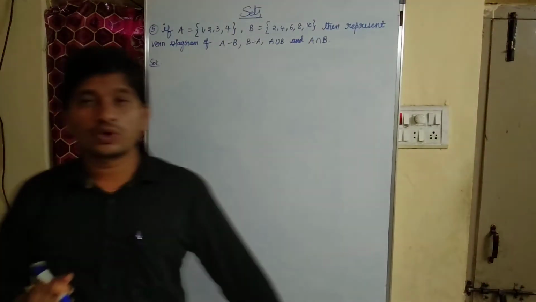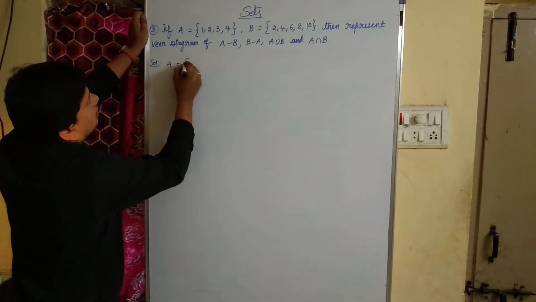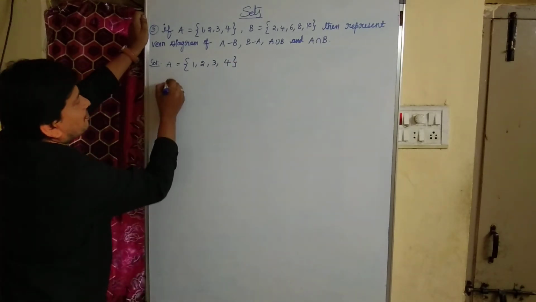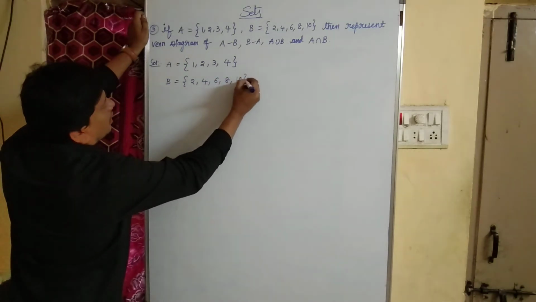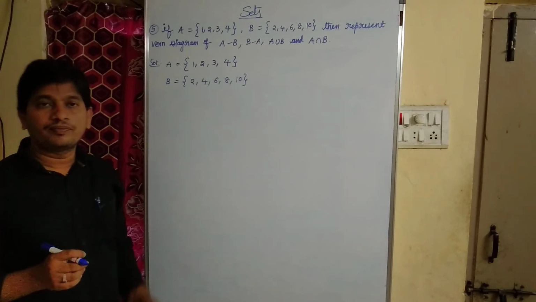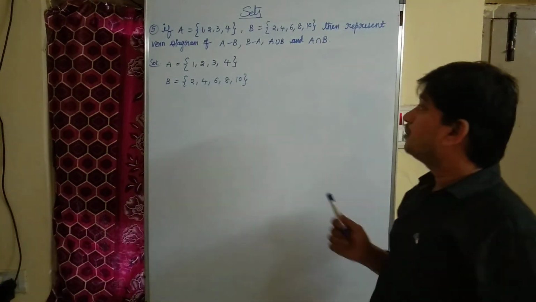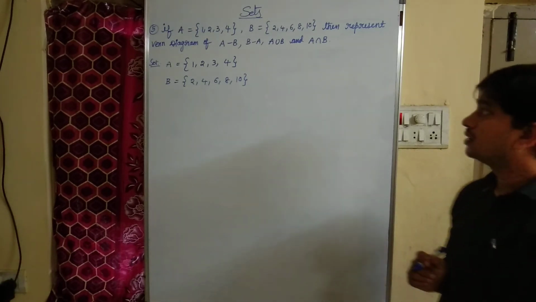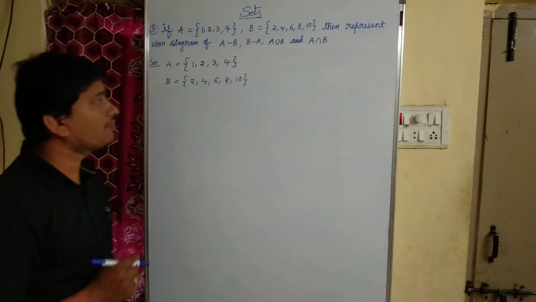Now coming to the fifth question. If A equals 1, 2, 3, 4 and set B equals 2, 4, 6, 8, 10, then represent the Venn diagram of A minus B, B minus A, A union B and A intersection B. Okay children, so first let us represent the Venn diagram of A minus B. What is A minus B?